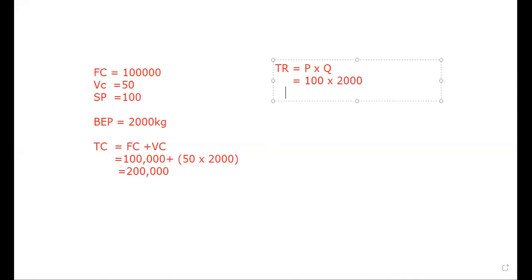So total revenue, in this case Sri Lankan rupees, is 200,000. So you can see now the total cost is 200,000 and total revenue is also 200,000, which we can justify: total cost and total revenue equal 200,000, 200,000, right? Okay, so that's how we have to calculate.